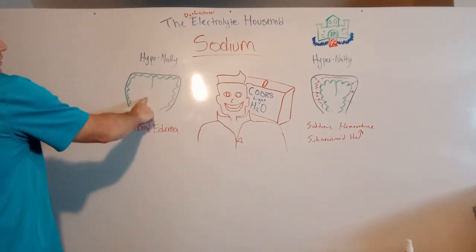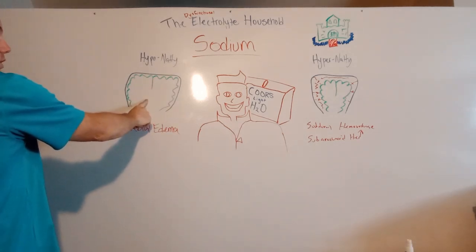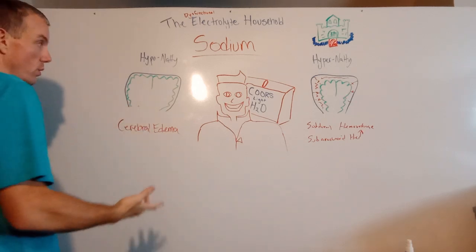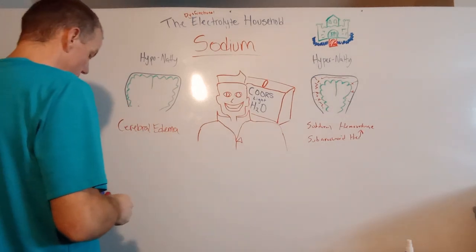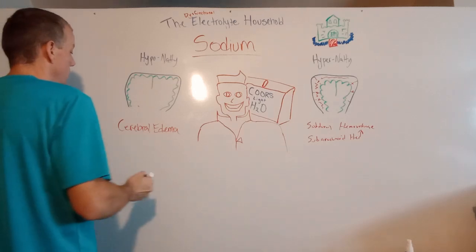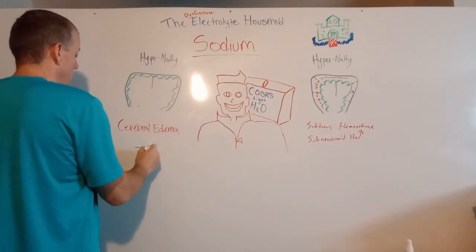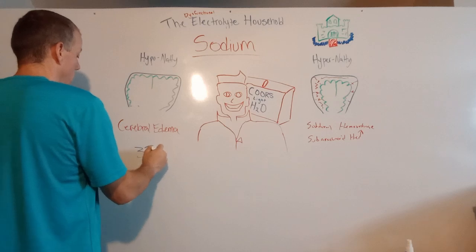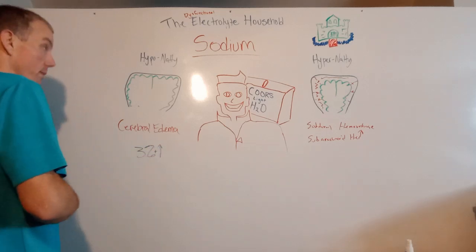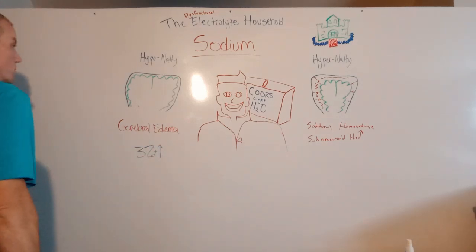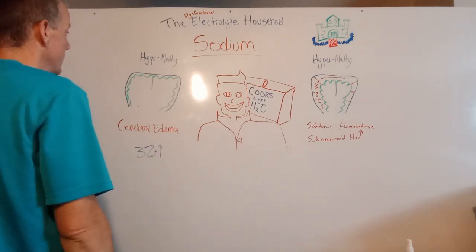So if you have too little sodium, what's the obvious choice for fixing that? Well, you're going to administer high sodium fluids, 3%, 6%, something to that effect, salines.